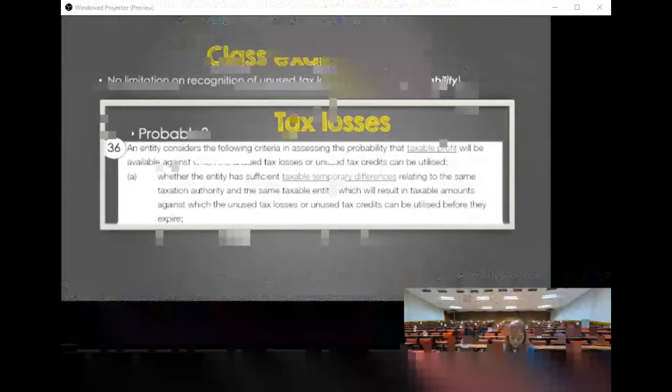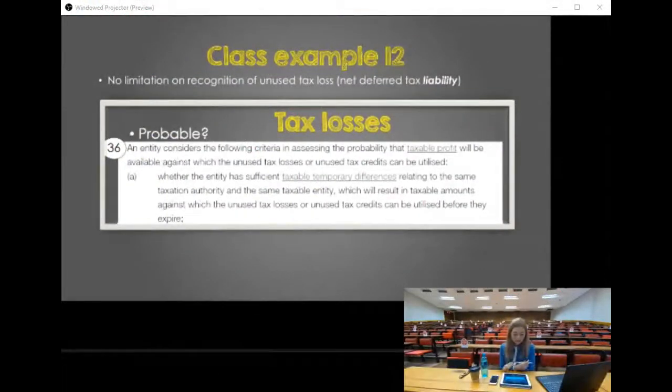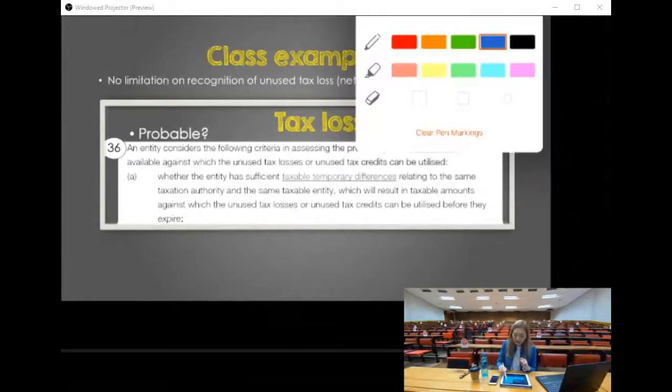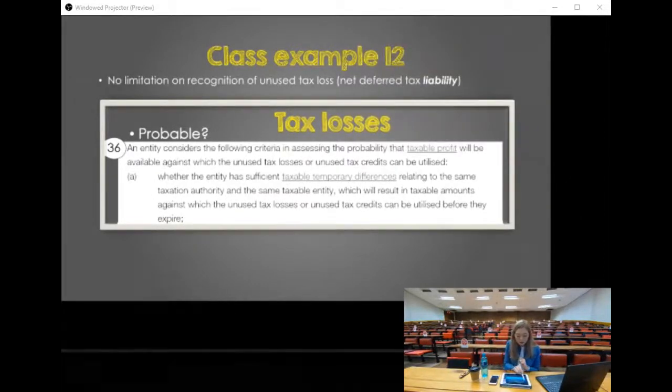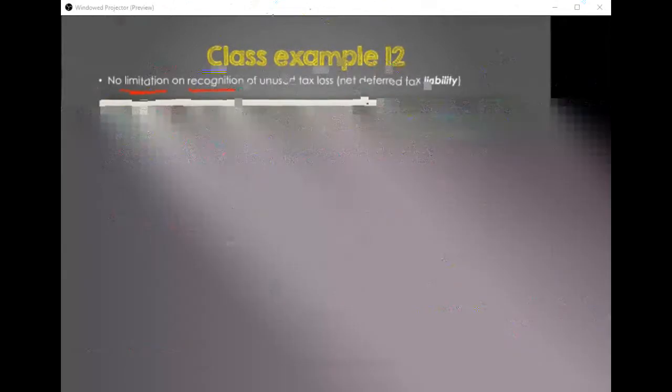In class example 12, the one that we did on Thursday, we had a basic tax loss, and there was no limitation on the recognition of the unused tax loss.